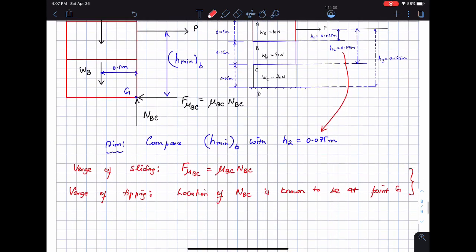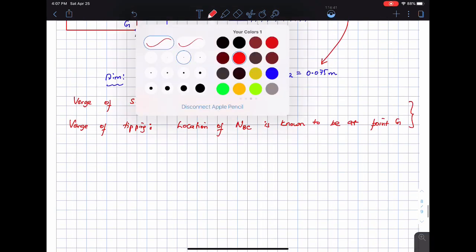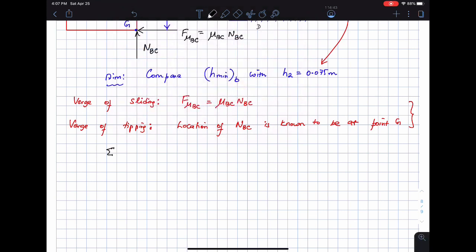So let's do that. I just start summing forces in the x direction, and I end up getting P is equal to F mu BC. Then I start summing forces in the y direction, and I end up getting NBC is equal to WB plus WA, which means that NBC is equal to 40 newtons, right? 30 plus 10, 40 newtons.